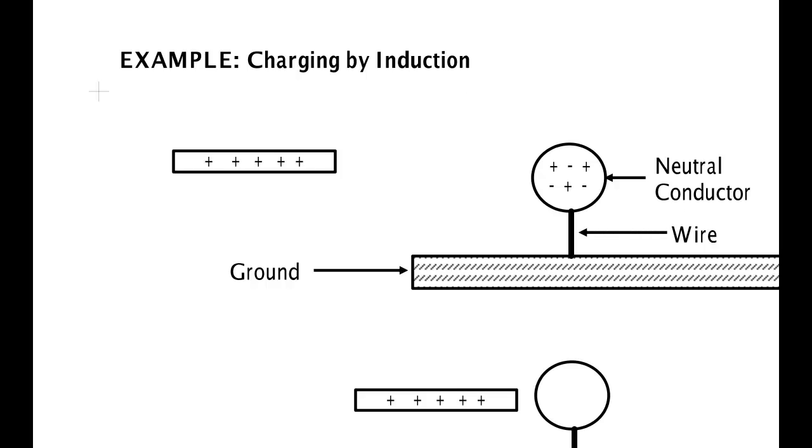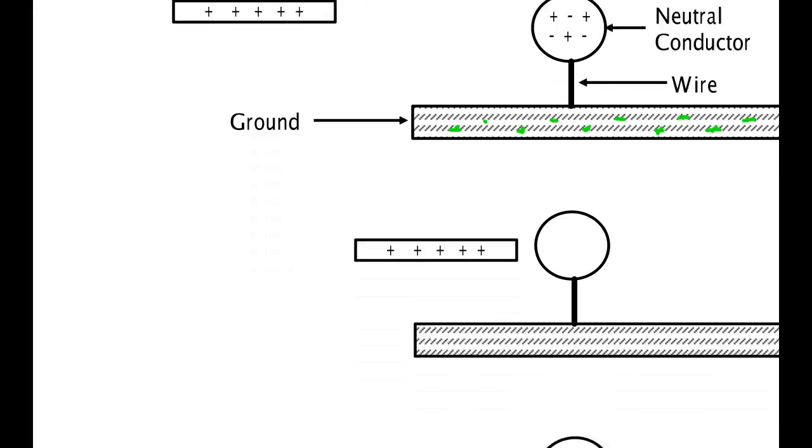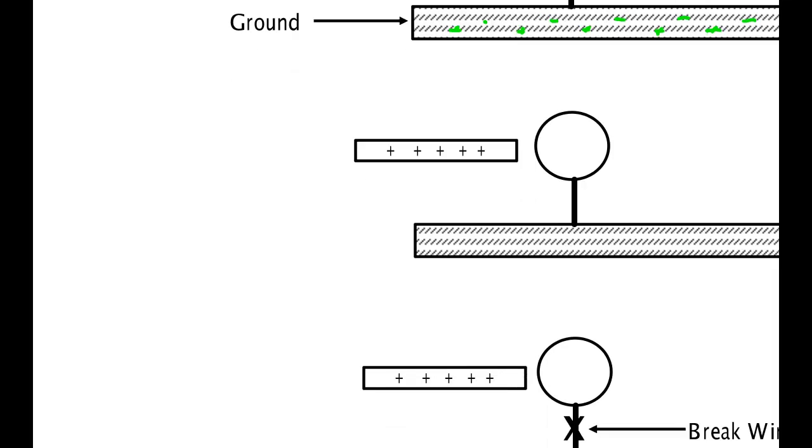So, again, all neutral. Got a wire to this ground. It has lots of plus and minus charges here. Plus, minus, plus, minus, plus, minus, plus, minus. You bring this positively charged rod in close now. And what happens? Well, negative charges are attracted, just as before.